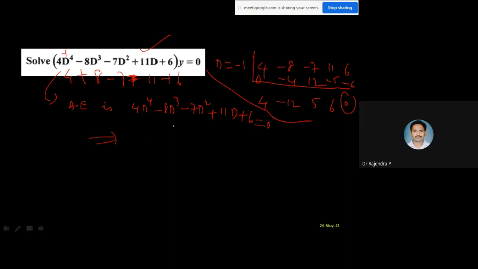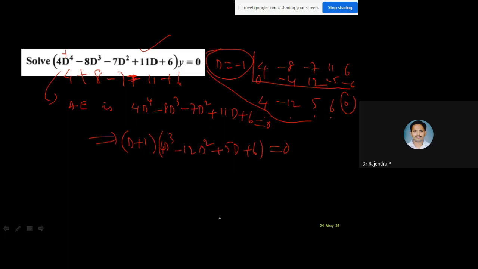This auxiliary equation we can't solve directly, and that is the reason we went for synthetic division. So D = -1 means D + 1 is one factor. The remaining factor will be, with this as the constant term, this as D, this as D squared, this as D cubed: 4D^3 - 12D^2 + 5D + 6 = 0.